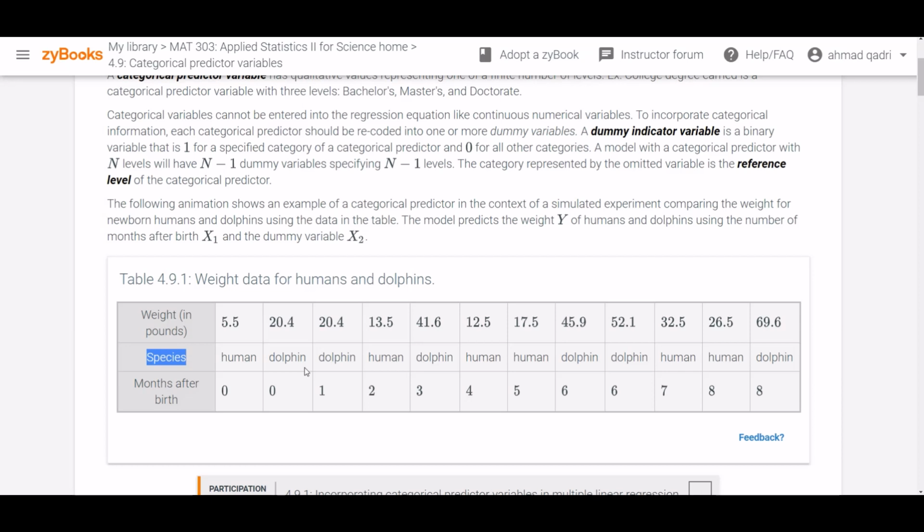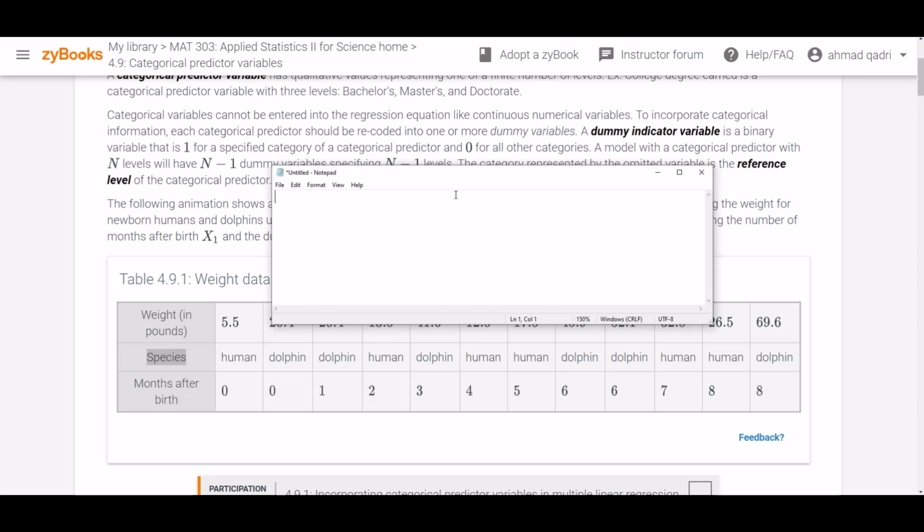And the process of using this in a regression model starts off with thinking of a variable called a dummy indicator variable that will be used to specify a category of a categorical predictor. So for example, let's consider this species, human and dolphin, as an example. So clearly this variable has two levels, human and dolphin. So we can come up with a dummy variable, and let's call this x1.